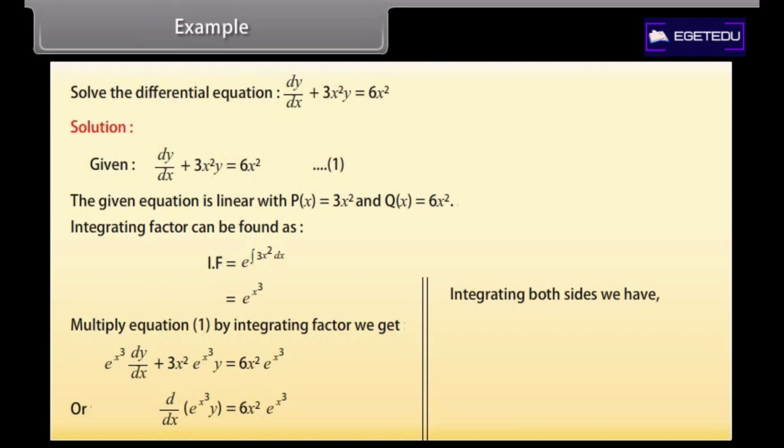Integrating both sides, we have e^(x³) y = integral of 6x² e^(x³) dx = 2e^(x³) + c. Solving for y, we get y = 2 + c e^(−x³).